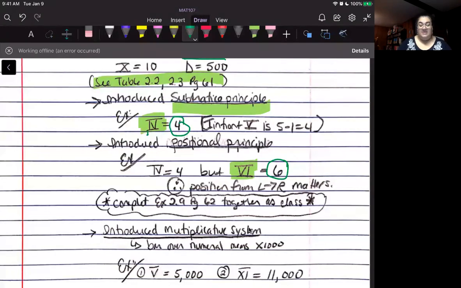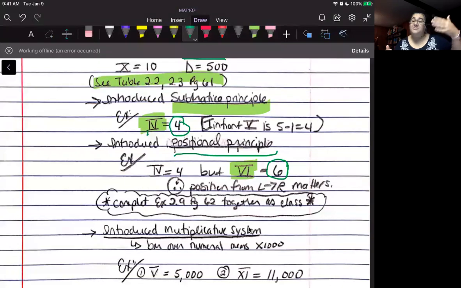Now, doing this, this subtractive principle and addition principle, using that to determine different numerals, meant that you introduced in the Roman numeral system this idea of a positional principle, or what we later termed place value, meaning that the position of the symbol determined the value it was representing. That is something that we then later apply in place value, and it kind of got its roots here in the Roman numeral system by them introducing this concept of the subtractive and additive principles.